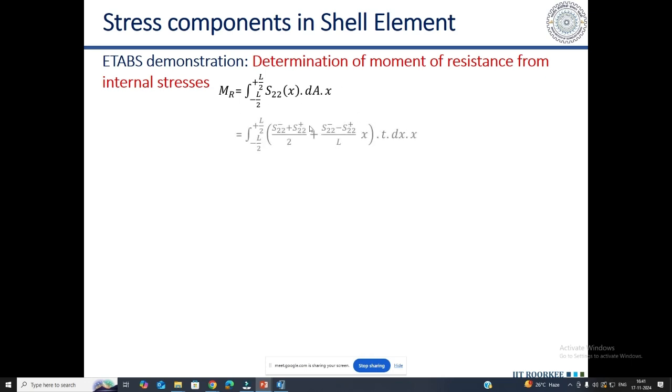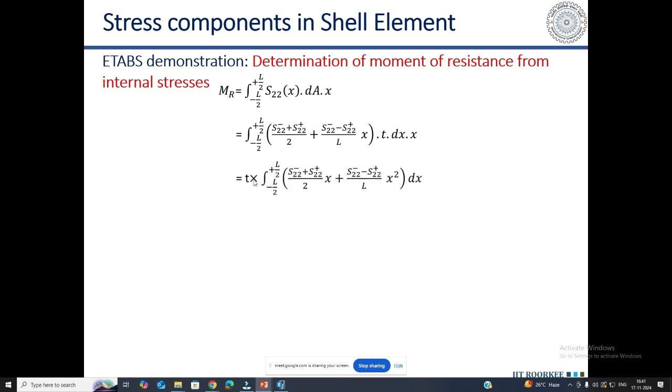Here I have replaced this S22 function using the expression we have just derived. Then this dA I can write as T into dx, small fractional area. T is constant thickness and dx is variable, multiplied by the x which is already there.